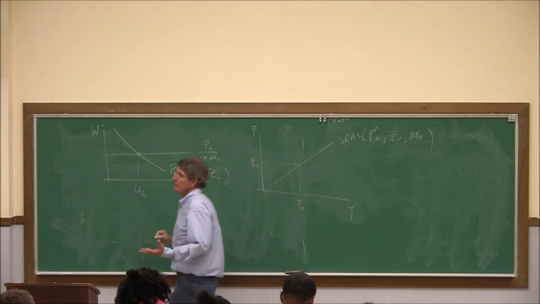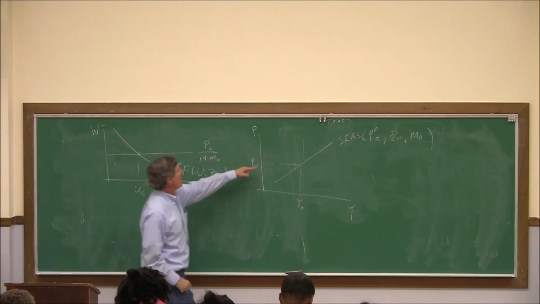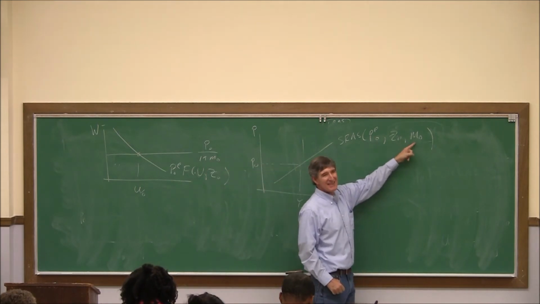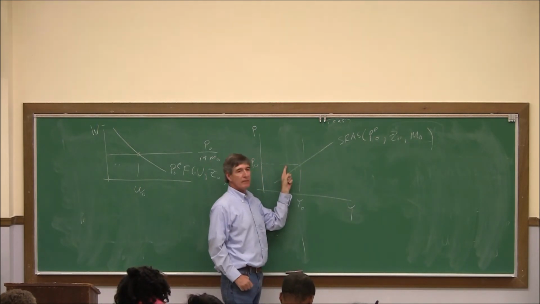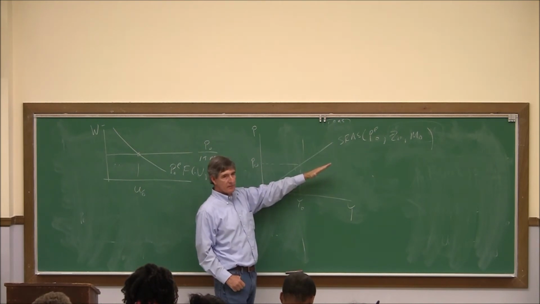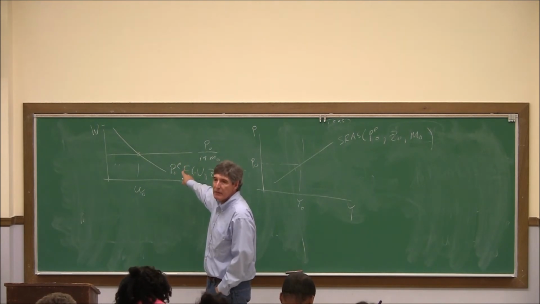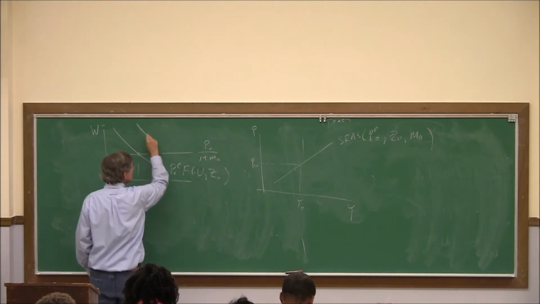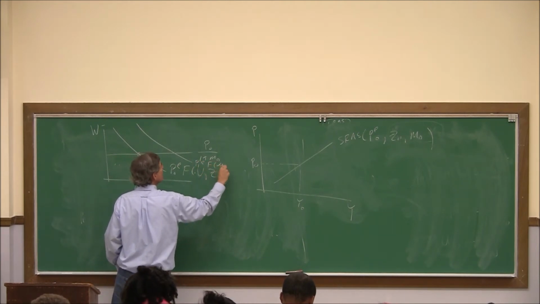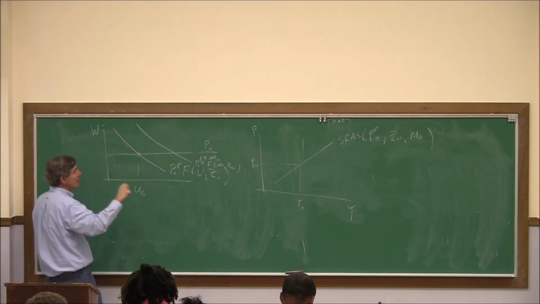All we need to do is hold price constant. Change one of these things and see what happens to output. If it goes down, it shifts in. If it goes up, it shifts out. So for instance, for P0E, when that goes up, what happens? Here's P1E, F of U and Z0. Nothing else has changed except the expectation goes up.